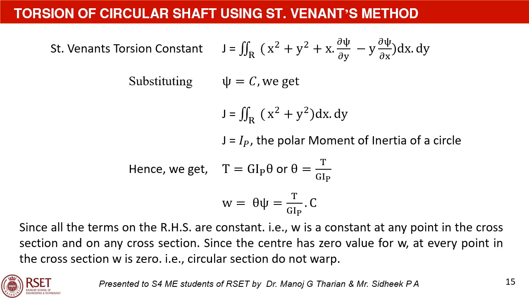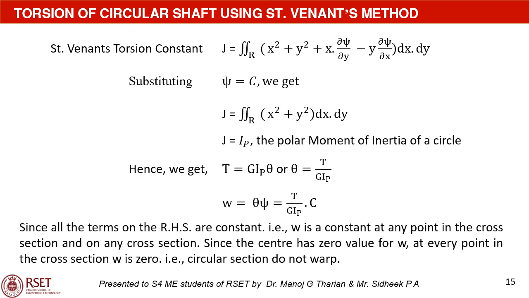Substituting psi is equal to c, we get J is equal to the double integral over the region R of (x² + y²) dx dy, because ∂ψ/∂y equal to ∂ψ/∂x is equal to 0. We know by the definition of the polar moment of inertia, the double integral over the region R of (x² + y²) dx dy is the polar moment of inertia. Thus we get Saint-Venant's torsion constant for the circular section J is equal to IP, the polar moment of inertia of the circle.